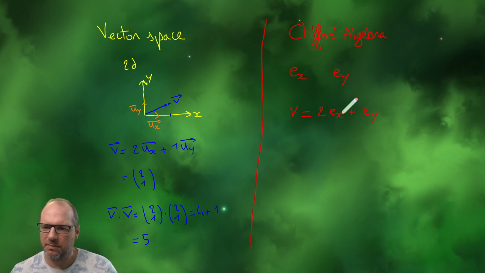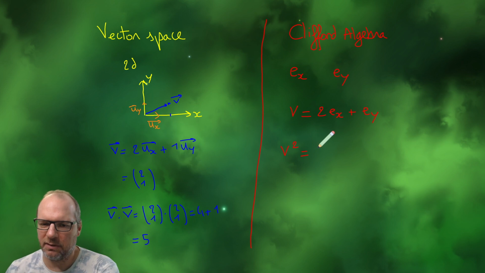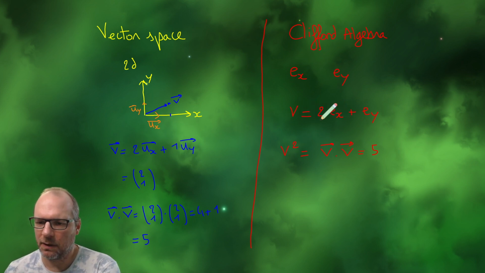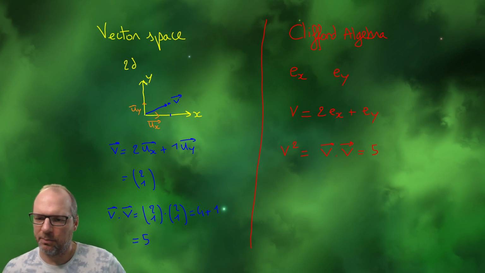So v now is a number in our Clifford algebra, and we want v squared to be the same result as the scalar product, the dot product. So we must find 5. In our new number system, when we square what looks like a vector, we want to find the same result as the dot product of the vector with itself.